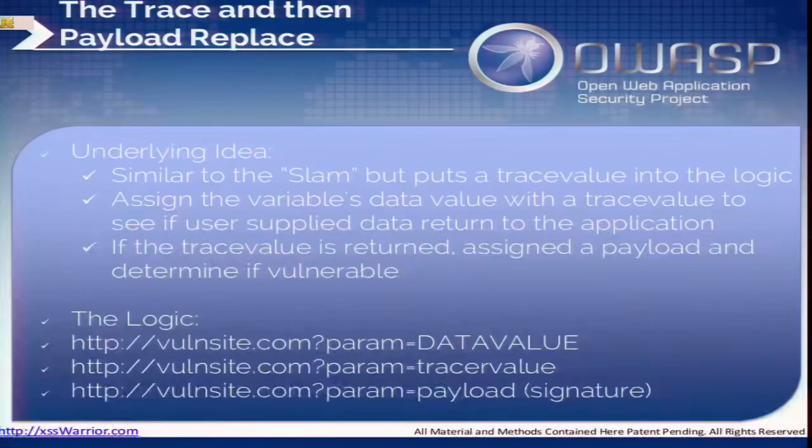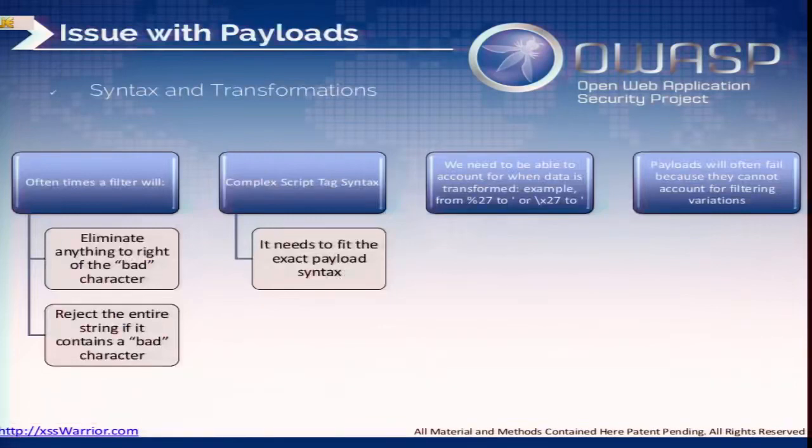Anyone have any questions on the older methods that are used? So basically the issue is string transformation. You submit a string, the application does something with it, it breaks it in some way, and the automated scanner can't figure out what to do with it, and then it basically fails.